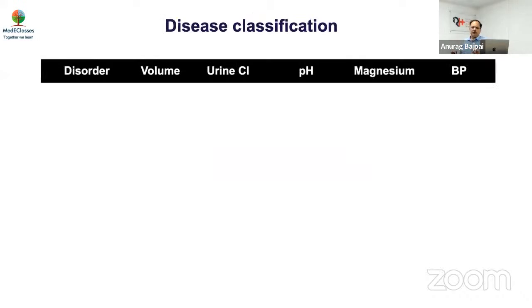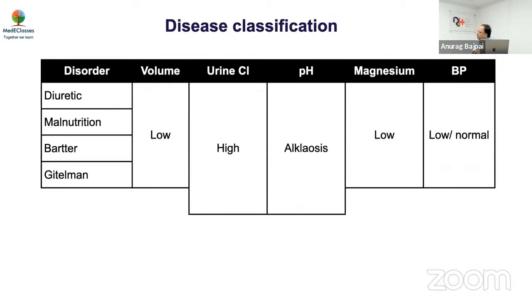Now, from that perspective, we'll just touch base about how do we classify hypokalemia. The most important here is, of course, to look at the pH. Now, everybody with hypokalemia should have alkalosis except three conditions: renal tubular acidosis, acetazolamide use, or lower gastrointestinal loss.